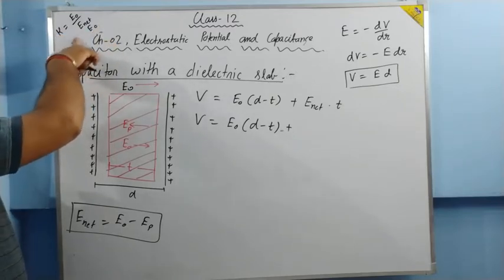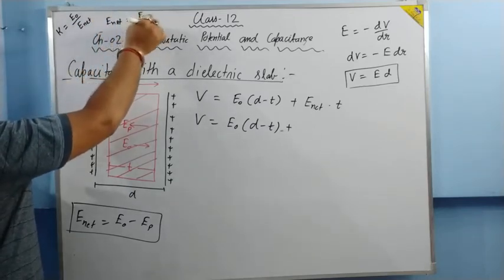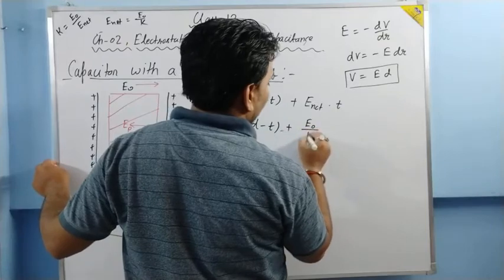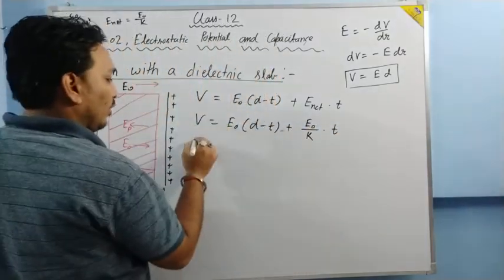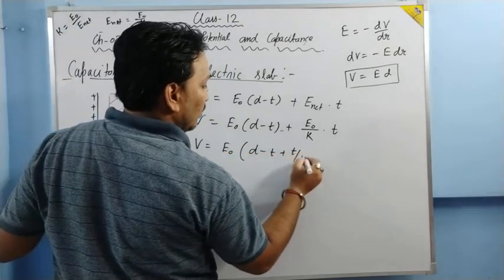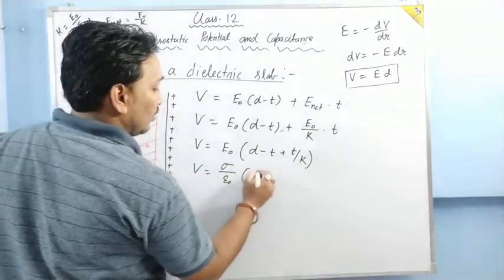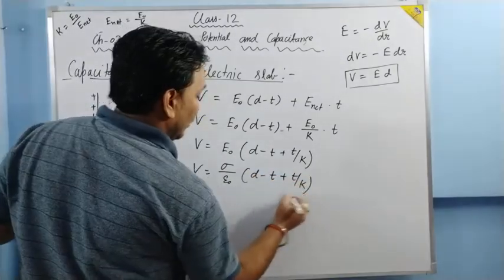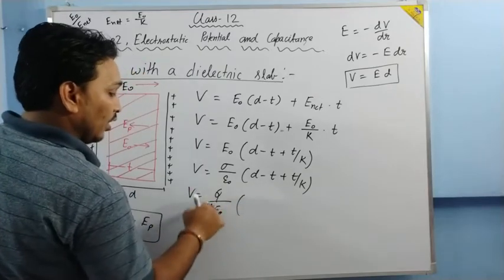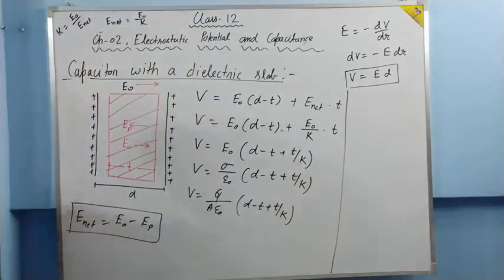From here, E net has to be calculated, so E net will be E naught upon K. So we are going to have E naught upon K into T. Now E naught can be taken common, so we have E naught times D minus T plus T by K. Now E naught can be written as sigma upon epsilon naught, and sigma can be written as Q upon A. So V is equal to Q upon A epsilon naught into D minus T plus T by K. This is what the potential difference is.